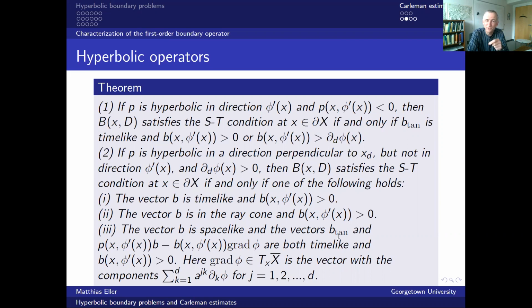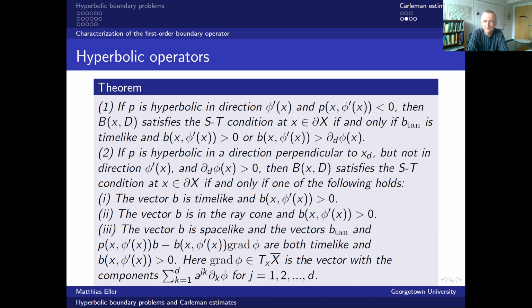If space-like, then I get additional conditions. Basically, still the tangential component of B has to be time-like, and then another vector has to be time-like: the linear combination of B and the gradient of phi, whereas the gradient is essentially the vector field corresponding to the covector field phi prime if I use the pseudo-Riemannian metric to define this.